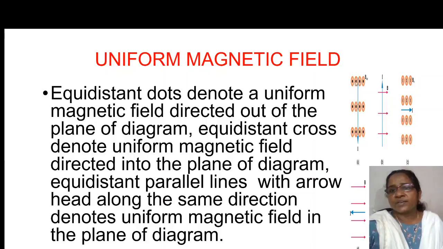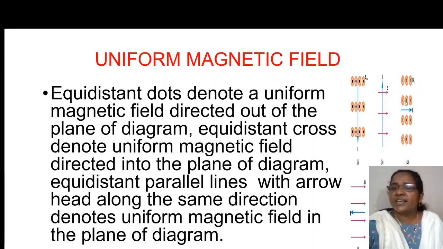In this diagram, you can see equidistant dots. This represents magnetic field lines coming towards you. If you are looking onto the plane, the magnetic field lines will be coming towards you. Here, the magnetic field lines are equidistant and parallel. This also represents a uniform magnetic field. It is directed from left to right.